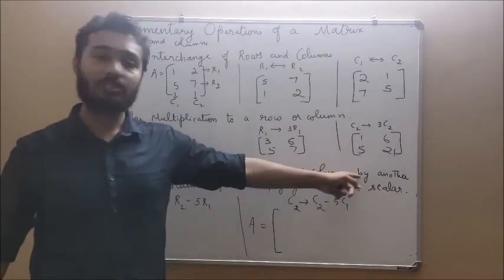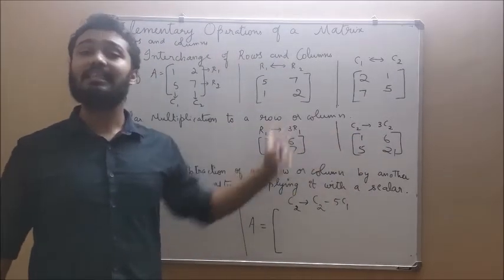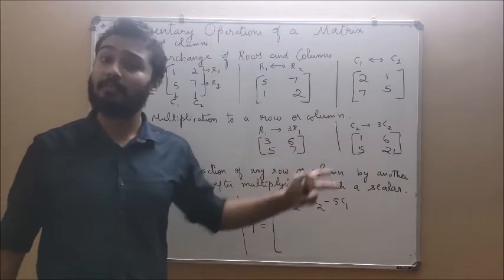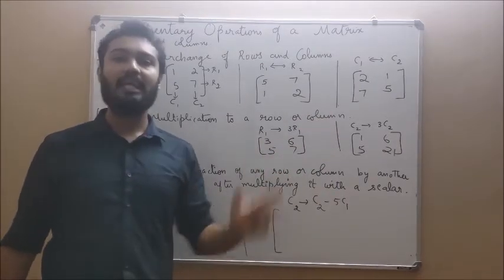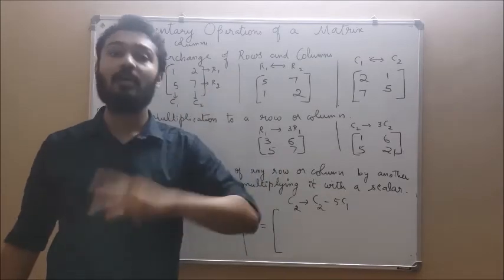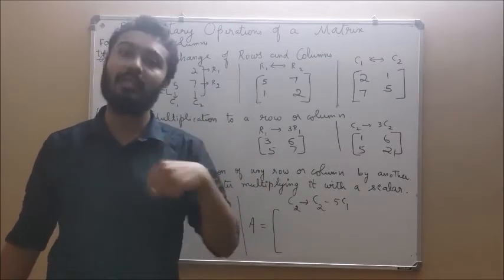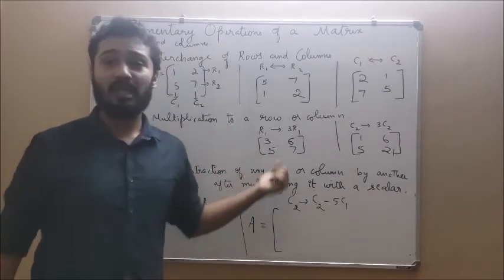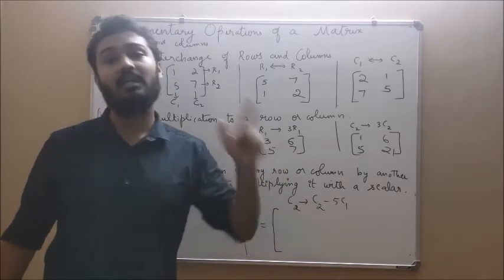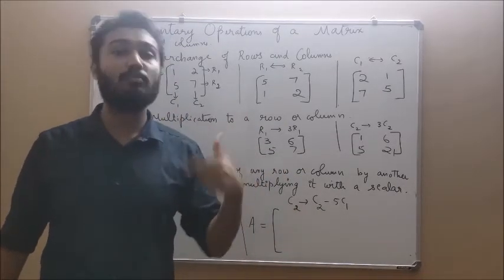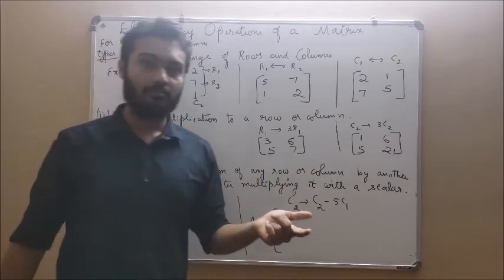Column 1 remains as it is, so write 1, 5. So this is scalar multiplication. In scalar multiplication, we multiply each row or column with a particular scalar. Remember, we can also multiply with a fraction.